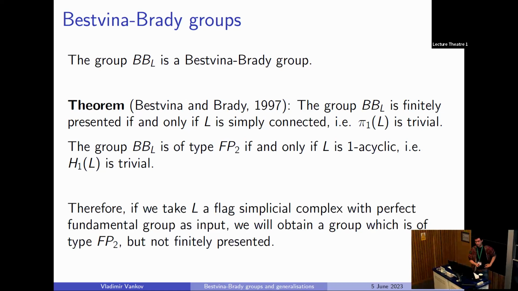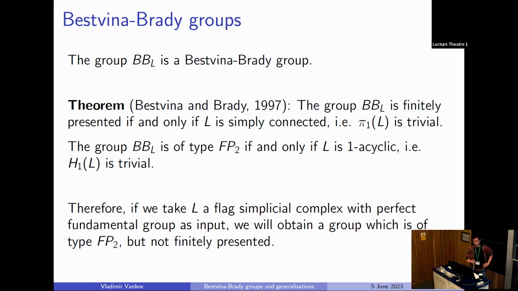And so if we take some appropriate input complex L, which has trivial H_1 but not trivial pi_1, the theorem tells us that the resulting BB_L is going to be of type FP2 but not finitely presented.